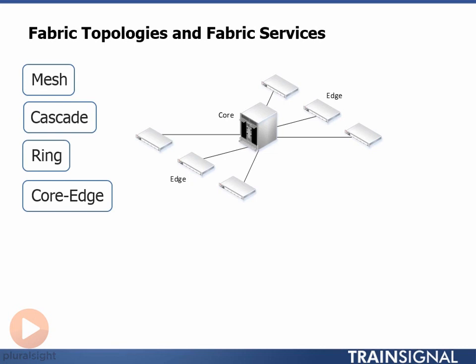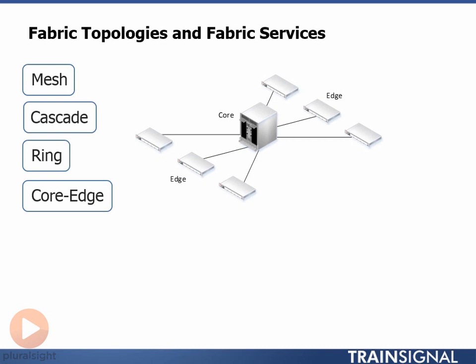However, a common approach to the core edge design is to have target ports like storage array ports and tape drive ports connected into the core, with initiator ports such as hosts connected to the edge switches. And this approach happens almost by default if you're deploying blade servers with embedded Fibre Channel switches within the blade chassis. These embedded switches become the natural edge of the core edge design and lend themselves nicely to being connected to a core switch with storage and tape devices connected at the core.